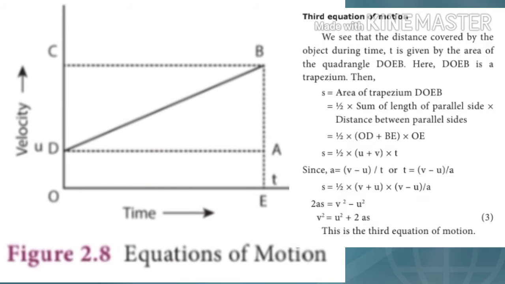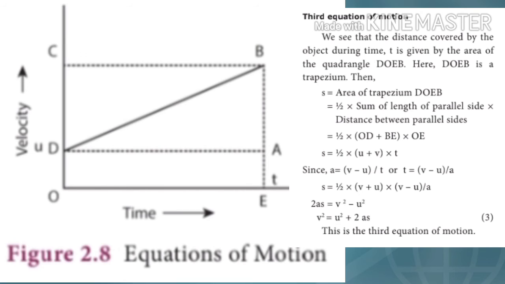Next see this third equation of motion. We see that the distance covered by the object during time t is given by the area of the quadrangle DOEB. Here DOEB is a trapezium.